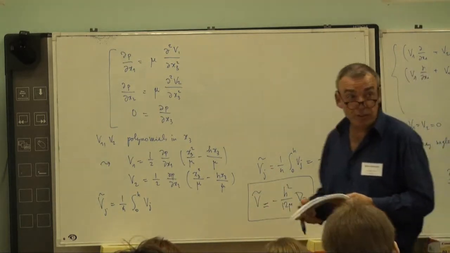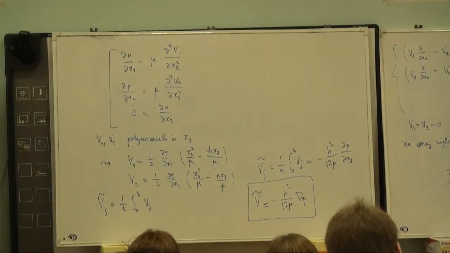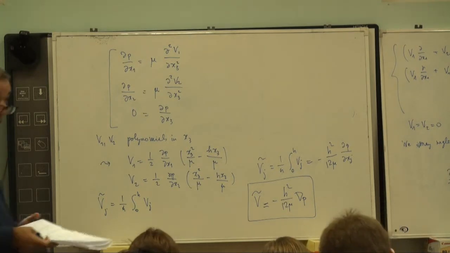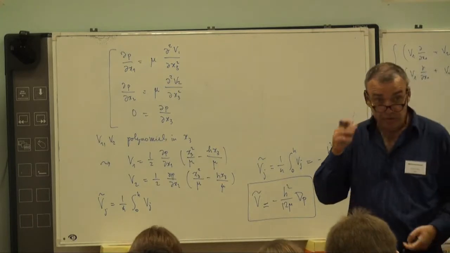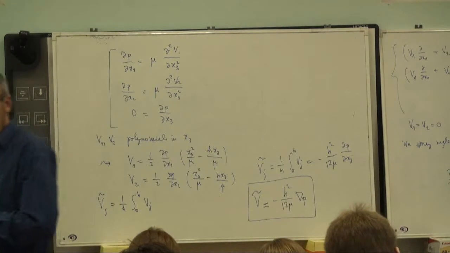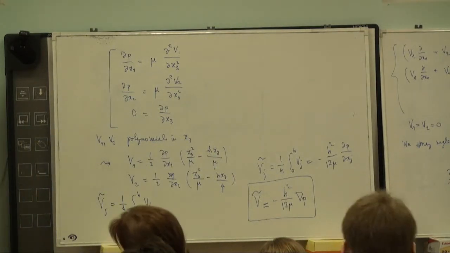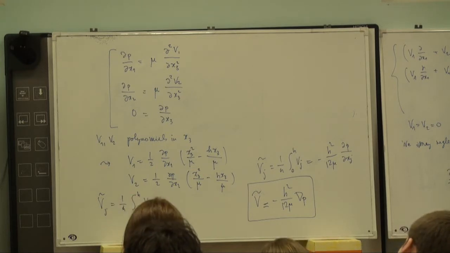So we end up with something which is rather intuitive. It just says that the velocity is the gradient of the pressure. That's the wind. It just says that the wind blows perpendicularly to the level lines of the pressure, which is a rather natural thing.